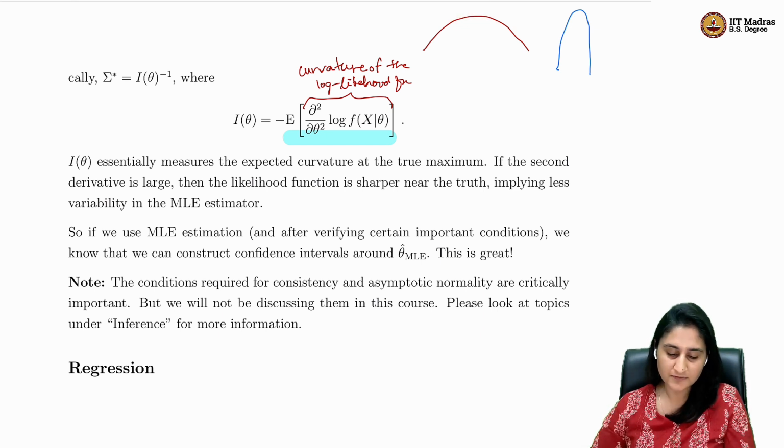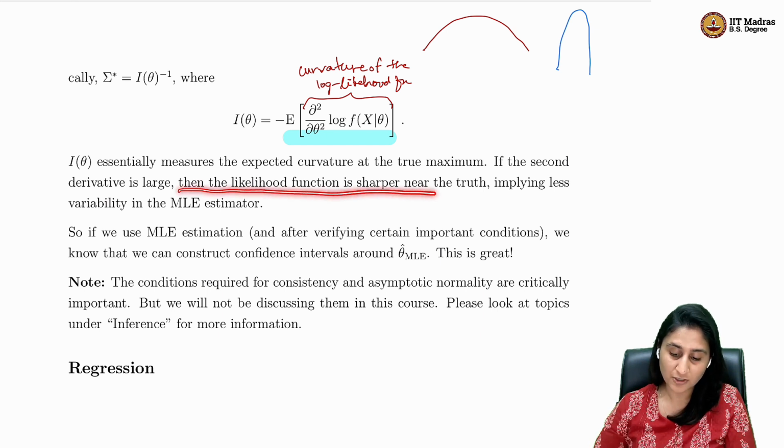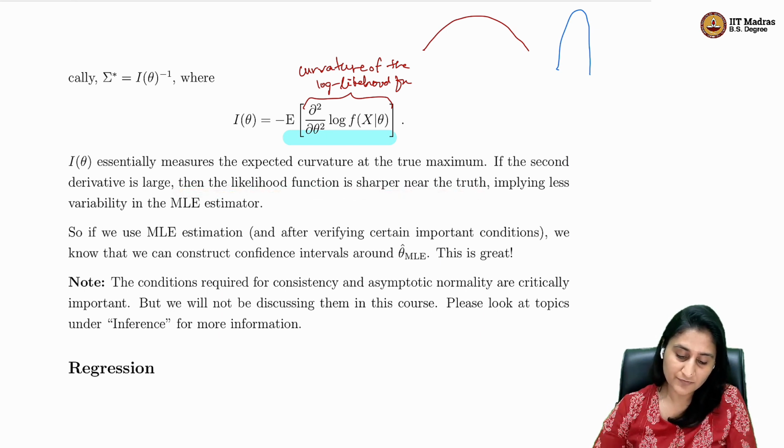If the second derivative is large, that means that the likelihood function is sharper near the truth, right? So if this quantity is large, then this corresponds to this part over here. So here I theta is large and here I theta is small.